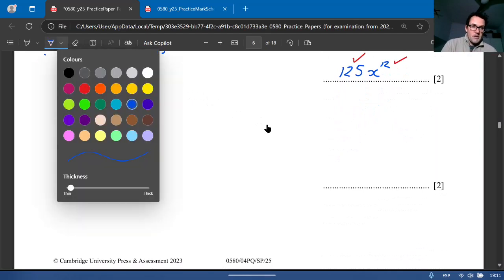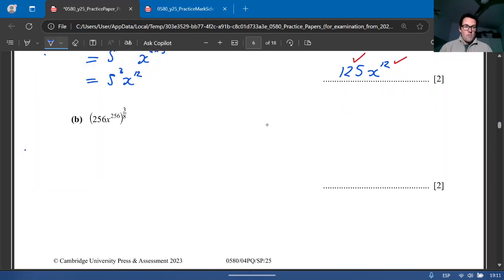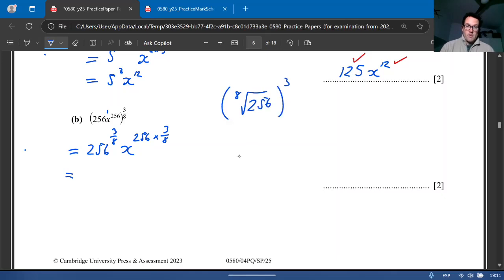Question B. Again, a power to a power. So, same as before, 1 there. 1 times 3 eighths is 256 to the power of 3 eighths, x, and 256 times 3 to the power of 8. Now, let's not waste our time with this. That actually means 256 to the power of 3 over 8 means the 8th root of 256 cubed.